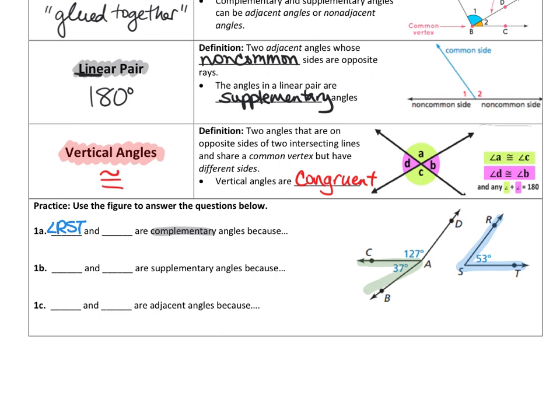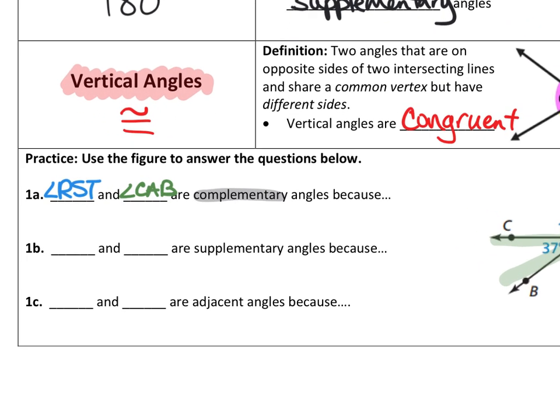Very good. And then the green angle would be called angle CAB or BAC, as long as A is in the middle. Those are complementary angles because angle RST plus angle CAB is equal to 90 degrees. That's what complementary means. It means that they sum to 90 degrees.